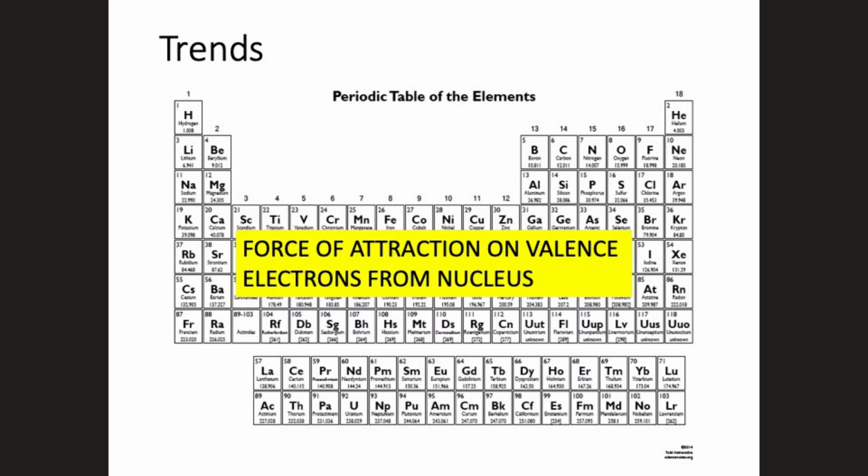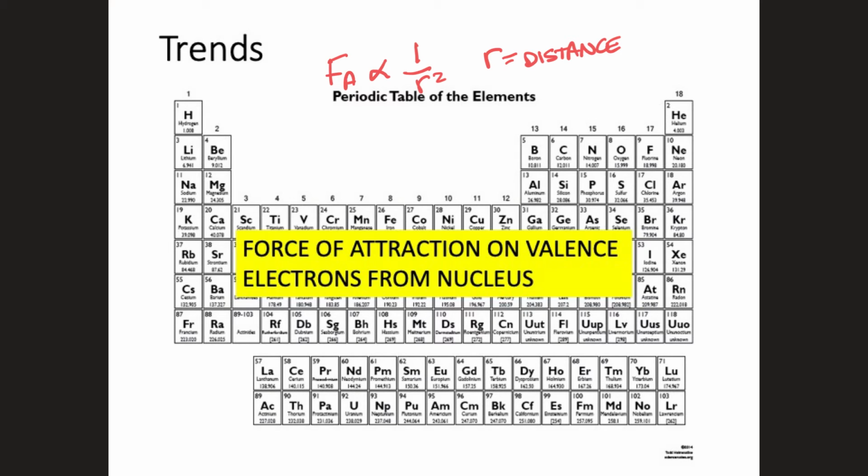So the force of attraction, let's write it out here, the force of attraction is proportional to 1 over r squared, where r is equal to the distance between the valence electrons, or any electron, and the nucleus, okay?